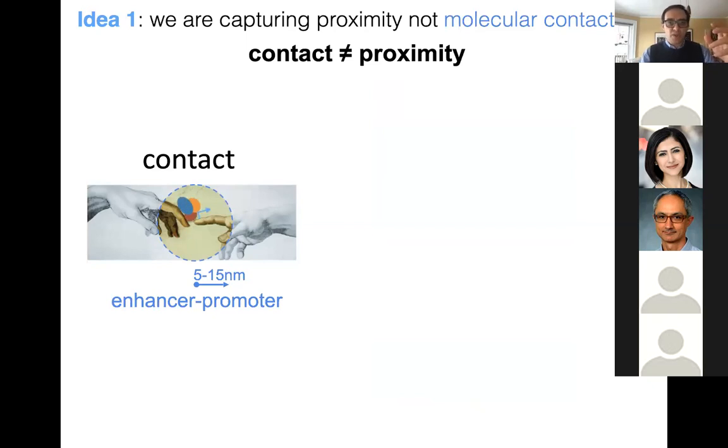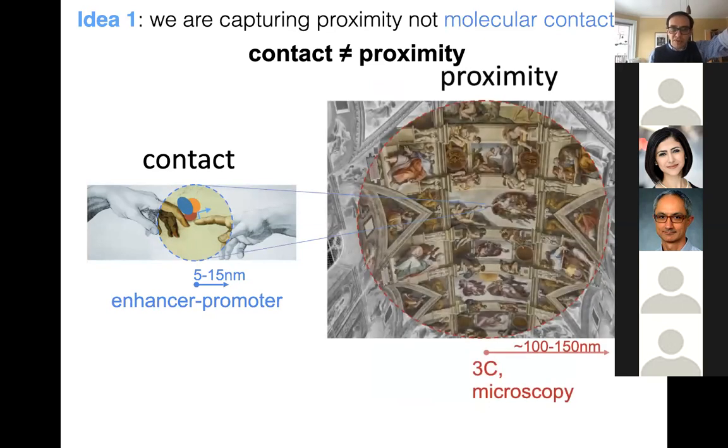So in other words, you need small spatial separation between enhancers and promoters. And Hi-C does not measure this. On the contrary, Hi-C has an estimated contact radius of about 150 nanometers. And again, we estimated this indirectly. Others have compared microscopy and Hi-C, which also gives similar numbers.